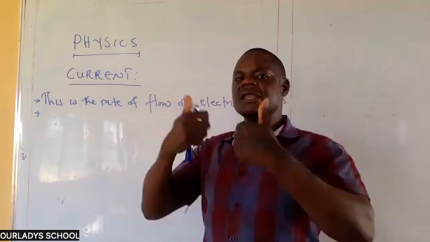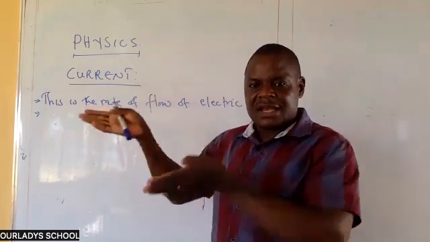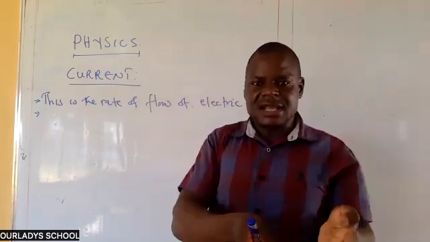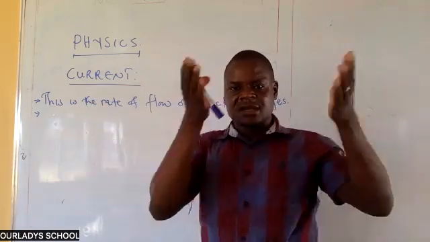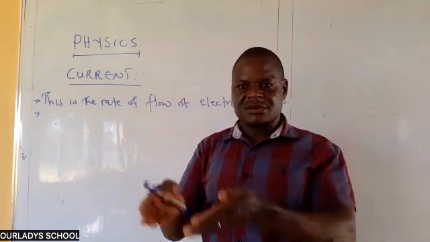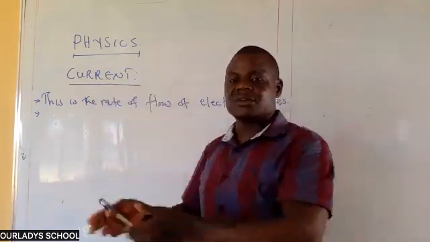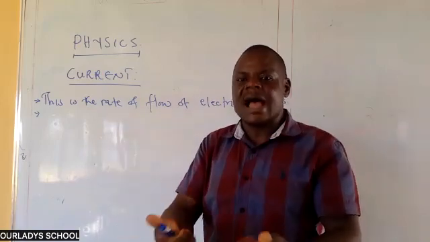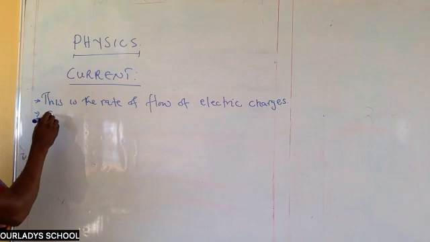There should also be the symbol that we use to represent the physical quantity. Like distance, we have the symbol D. Speed, we have the symbol S. Velocity, we have a symbol V, because these are the things that I'm measuring. So current has a symbol.